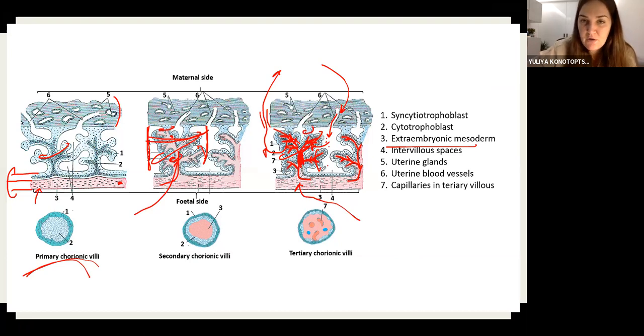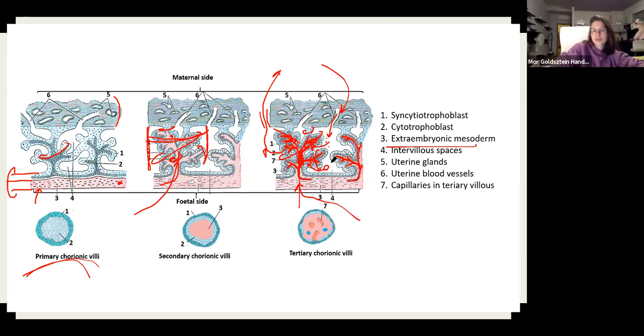So for example, if here I have, I don't know, oxygen, and it wants to diffuse this way, right? So what does it pass through? First through this in situ, then cytotrophoblast, then basement membrane of it, then connective tissue, then basement membrane of the fetal blood vessel, and then endothelial cell, and then now it's in the fetal blood. So that's just the layers that you're passing through.